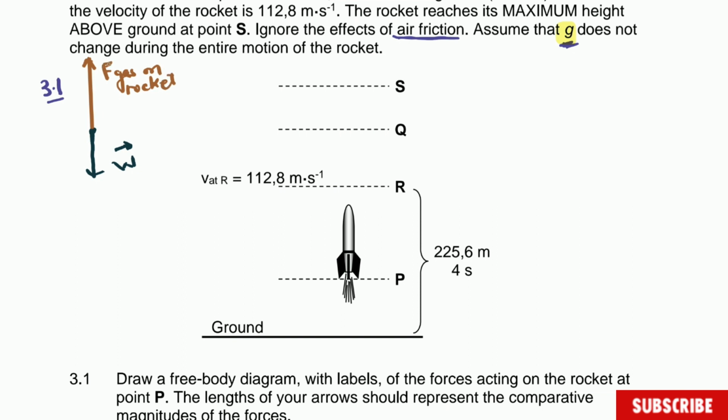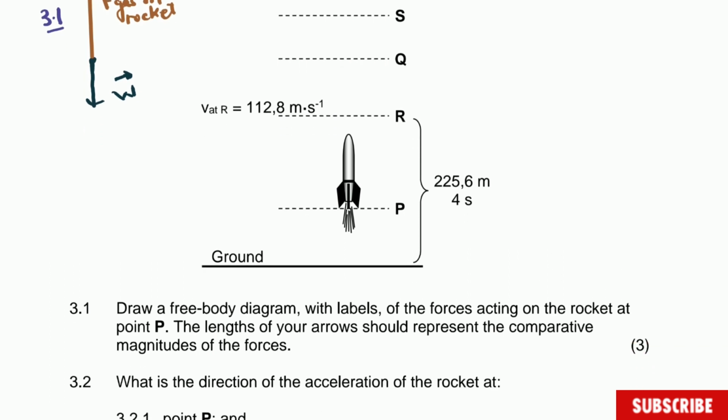That is the force. Alright, so those are the 2 forces acting on that rocket at that specific point. Remember, when it reaches point R, then the gases are done. Then the only force acting will be weight, and therefore it becomes a projectile. Okay, so this is question 3.1.